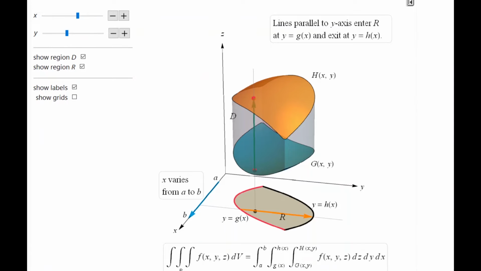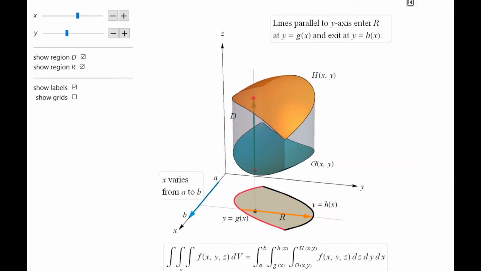As you can see here, this is a triple integral being carried out as shown in the theorem. So integrate over z first, and you could see that makes sense since this region of integration D in 3D space is bound by a top surface, capital H, which is orange there, and a bottom surface, capital G of x, y, in turquoise there.